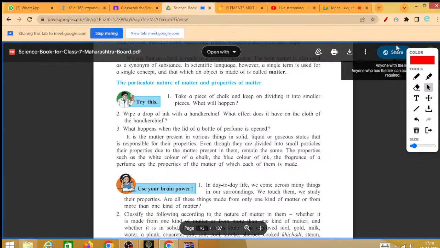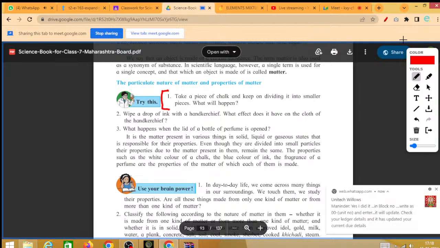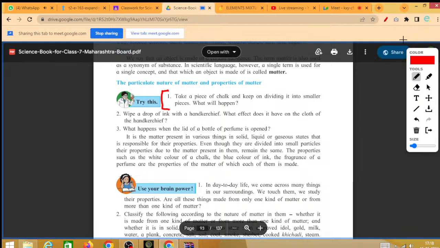Chalo, Anjali, read this question. Take a piece of chalk and keep dividing it into smaller pieces.